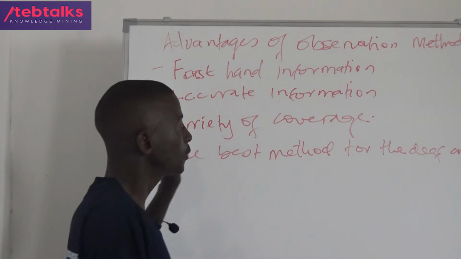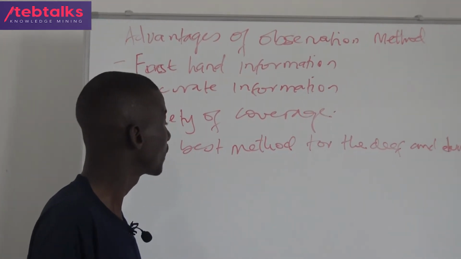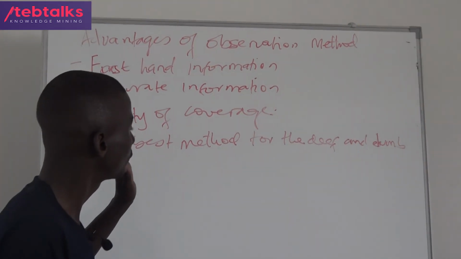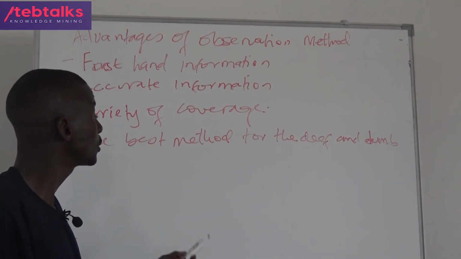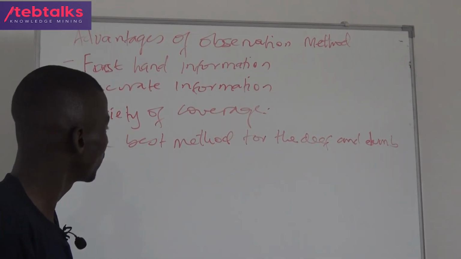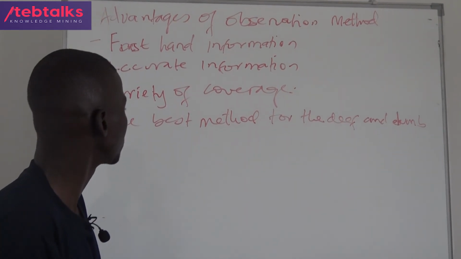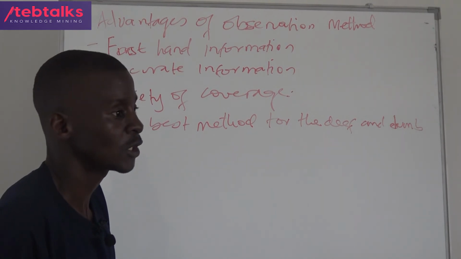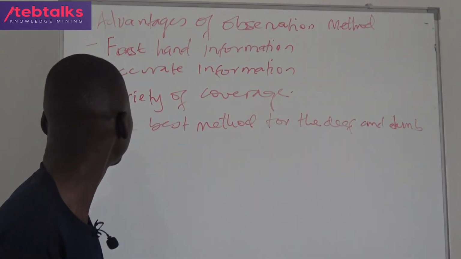For those people who cannot hear, they are deaf, they don't talk, can still use observation because they don't need to be told. They just see by themselves. So it becomes the best method of data collection, especially to those people who are deaf and dumb.